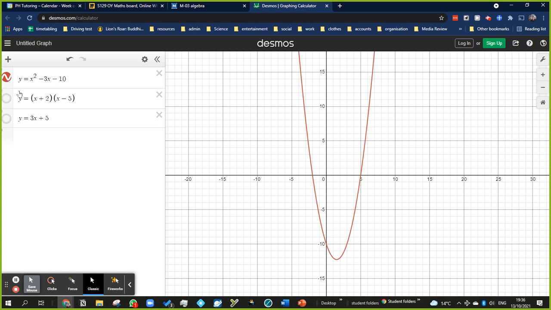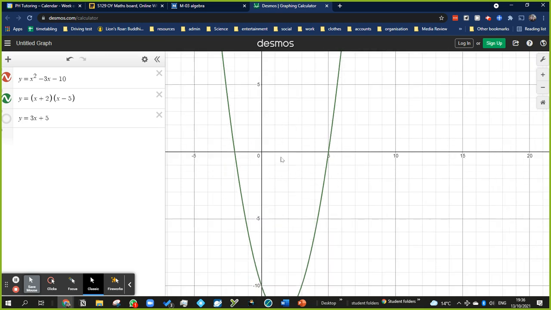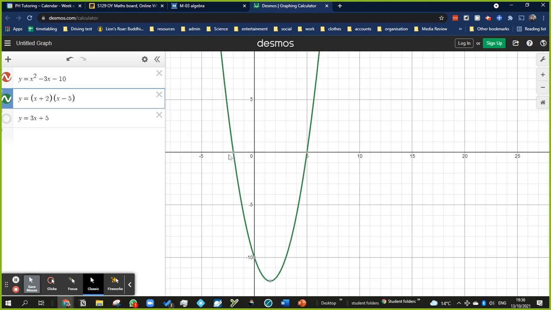But why do we do it in this way? If we have a look at that one, which is the same as the red one anyway, we've got plus 2 and then minus 5. And if you have a look here, the x-intercepts are 5 and minus 2. So they seem to be the negatives of these numbers in here, 5 and minus 2.